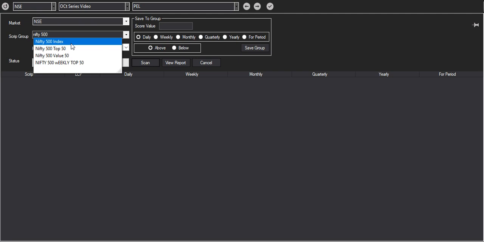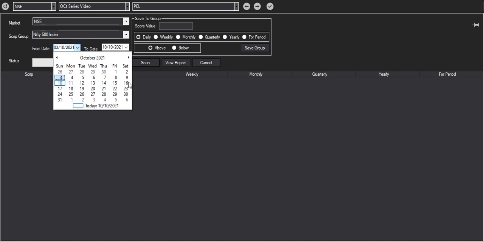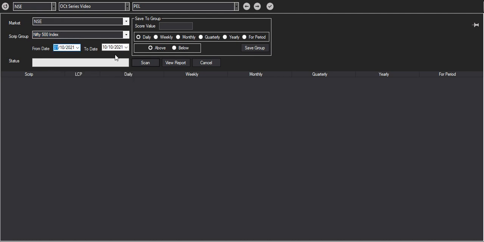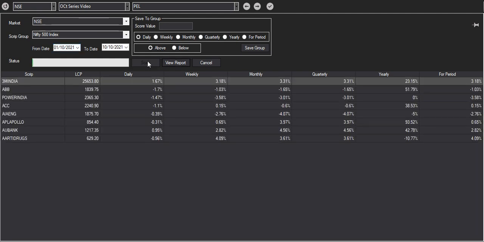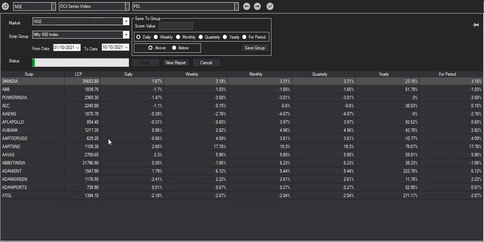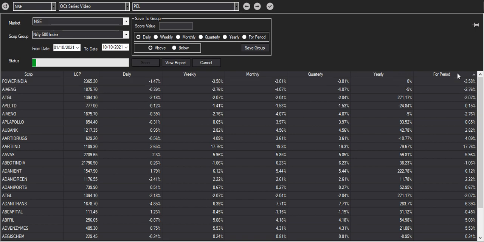We want to check this performance of Nifty 500 universe for this October expiry, so 1st to 10th of October on a daily time frame. This will take some time. I'll just explain what it means.